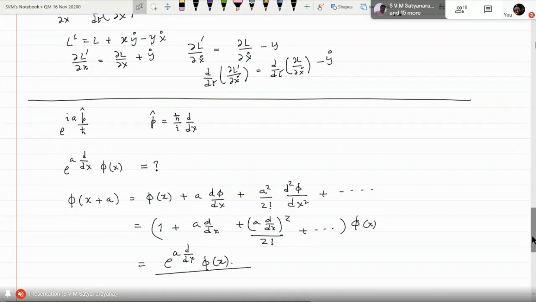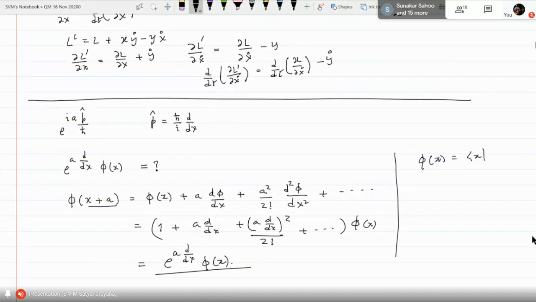That means whatever is x, it will be taken to x plus a. Okay, so now you know that phi of x can be written as x, Dirac equation. So phi of x plus a can now be written as x plus a.